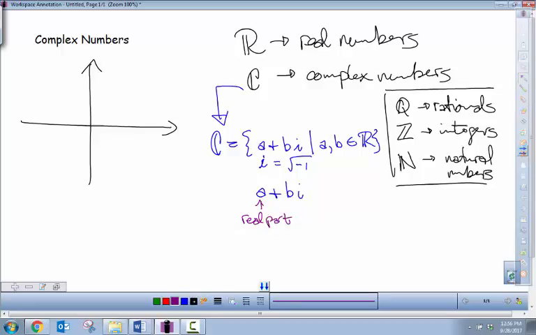Sometimes they also denote the complex number by lowercase z. Instead of saying x, they say z for complex numbers. So when they say z is equal to a plus bi, they look at a as the real part, and they look at b as the imaginary part.